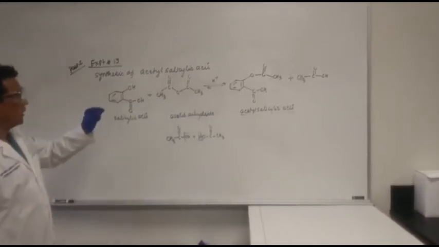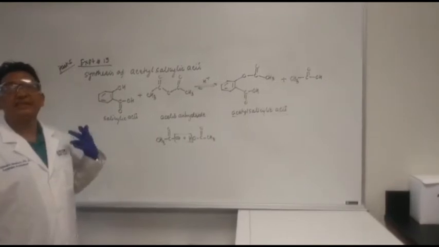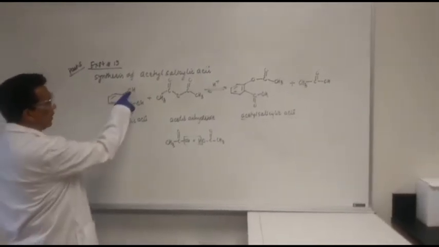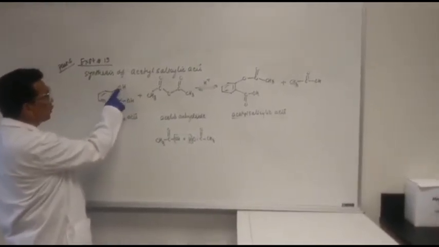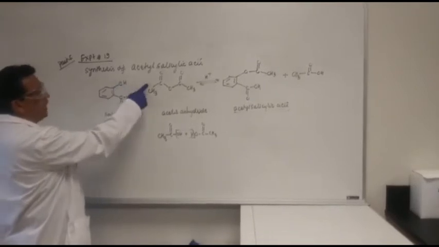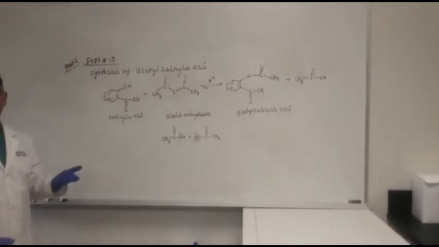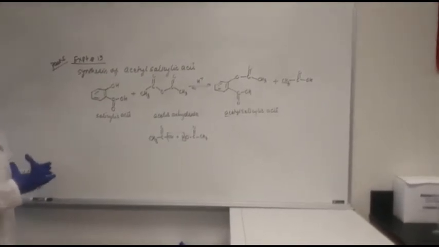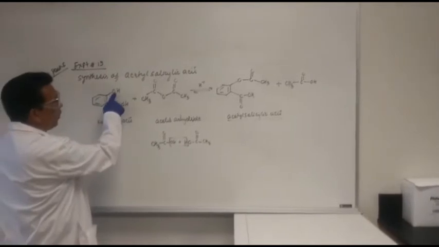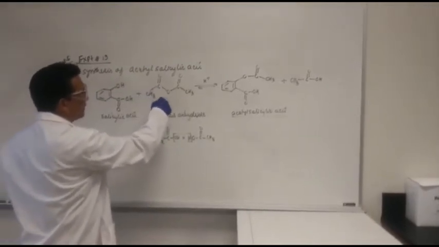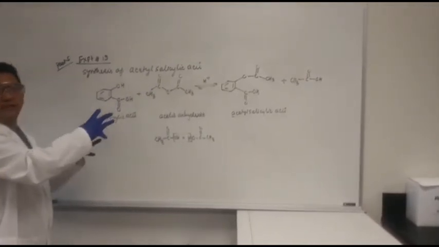It is an esterification reaction between the OH group of salicylic acid and the acetic anhydride group. That is where the acetylation happens, and it forms the ester.